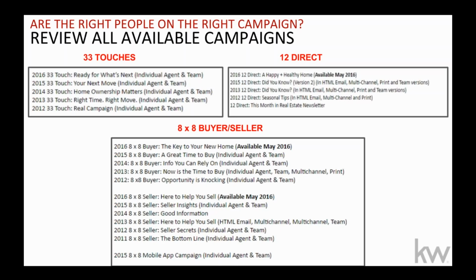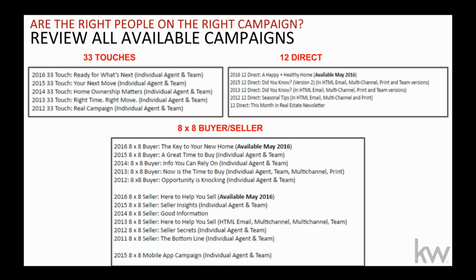I'm just going to go over these with you real quickly, and in case you're not familiar, the 8x8 for buyers or sellers is what you would send to someone immediately after you meet them. So if you've had a brand new contact, you've had a good conversation with them, you immediately put them on an 8x8, and you determine whether they're a buyer or seller. You determine what campaign they go on.